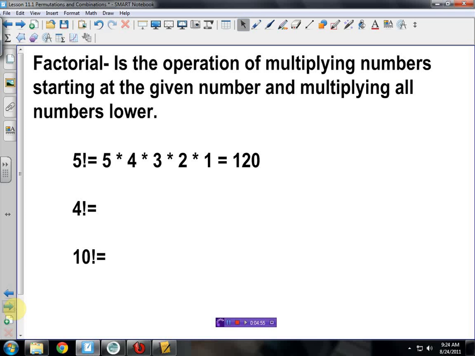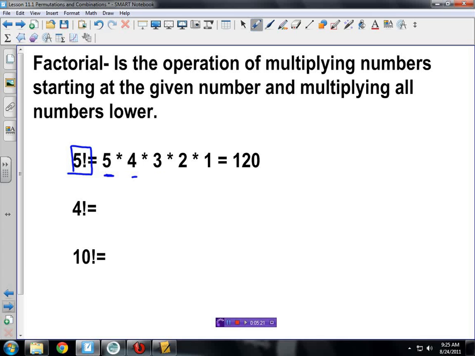Factorial is the operation of multiplying numbers starting at the given number and multiplying all lower numbers. This is probably a new operation. It's an operation just like addition, subtraction, and multiplication. It's just something new. So here we have 5 factorial. That's what the exclamation mark means, factorial. That means we're going to start at 5 and multiply by numbers lower than 5.